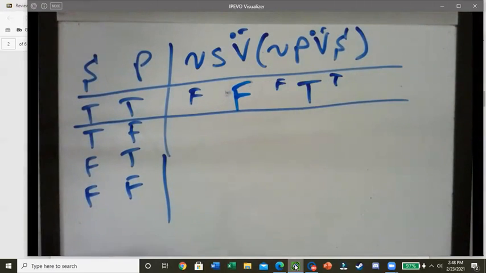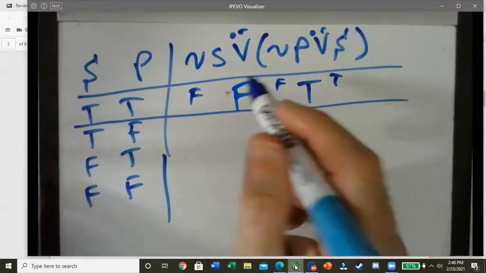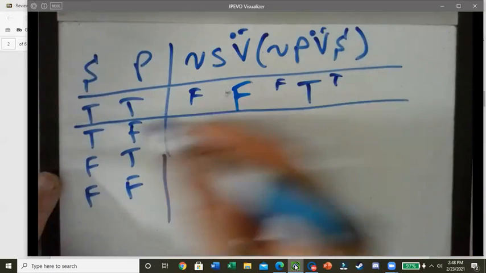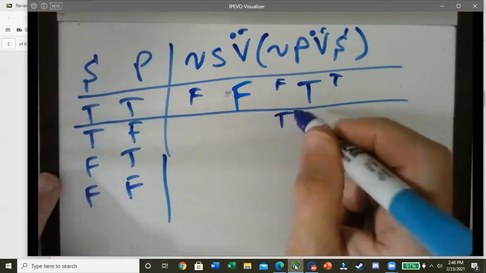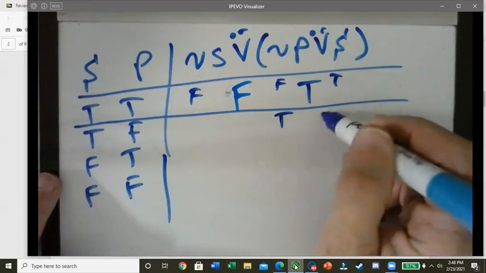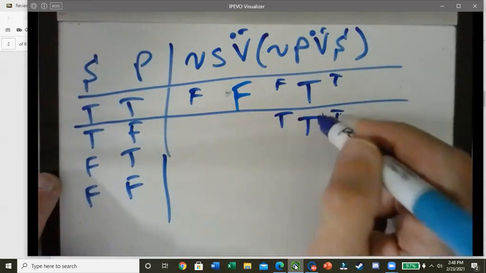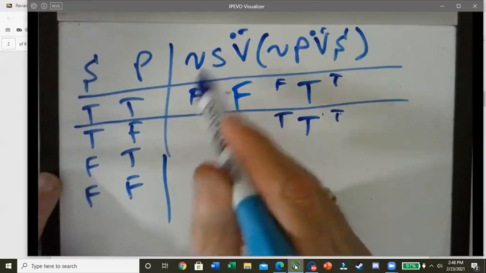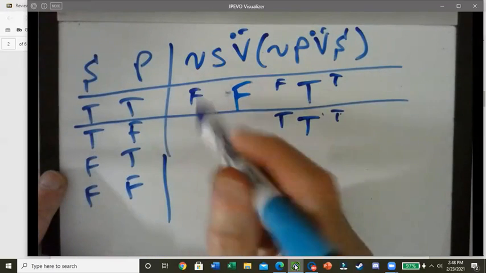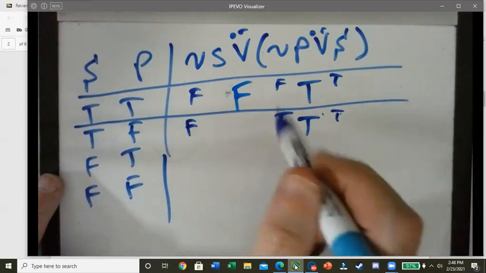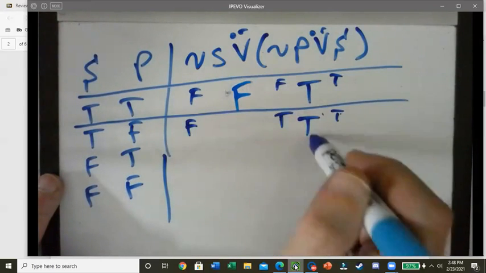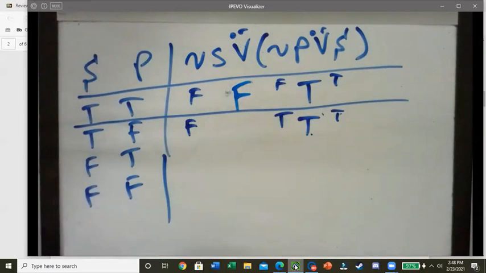All right. Next, P is false, so not P is true. S is true, so true or true, that's true. And since S is true, not S would be false. So false or true, that's still true.